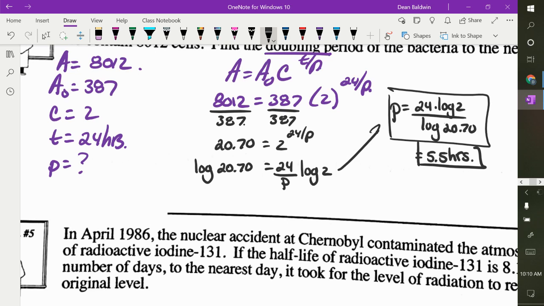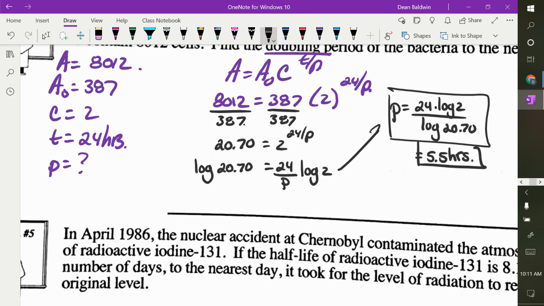Is that okay? You got 5.5 hours. Yeah. That's not what I got. You did it wrong. What's log 2? What's natural log of 2? Times 24.